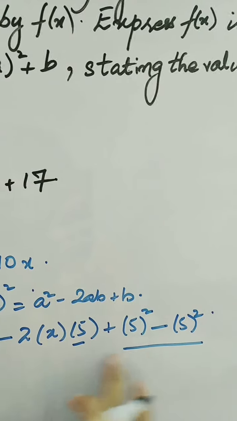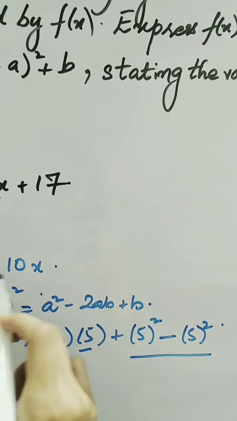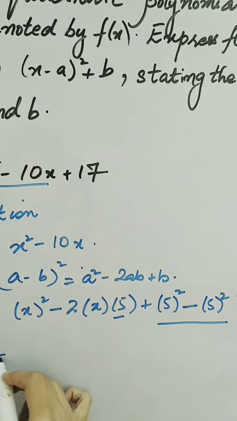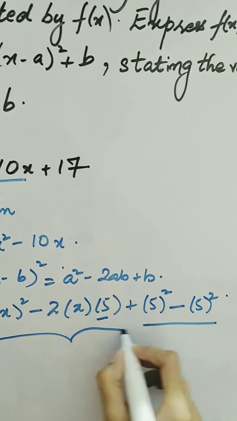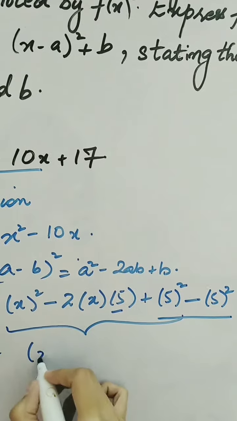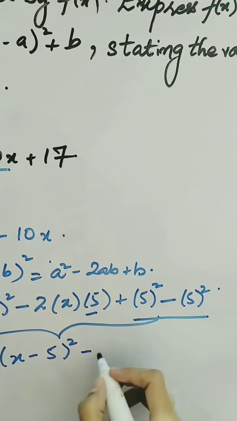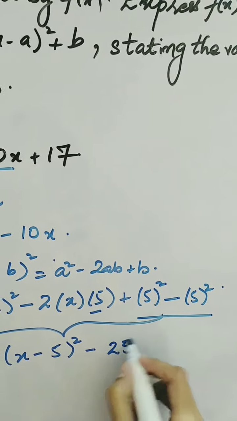So the result of this whole expression becomes x square minus 10x. Now we just put these three terms into our formula. Here a is x and b is 5, x minus 5 whole square, and we have minus 25.